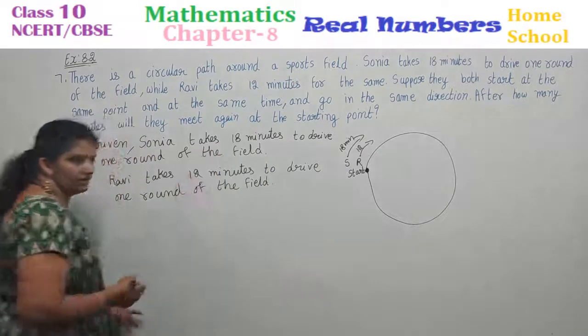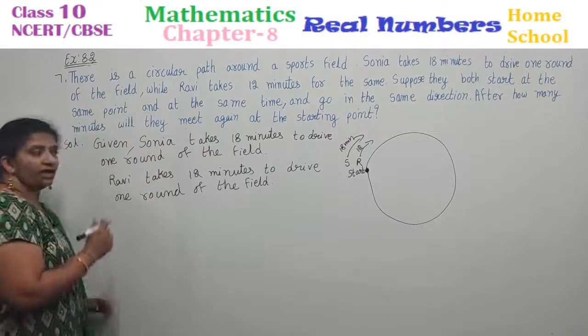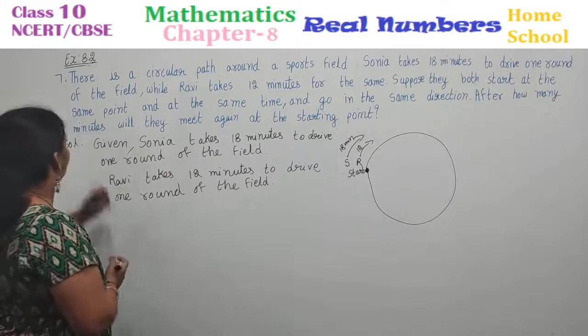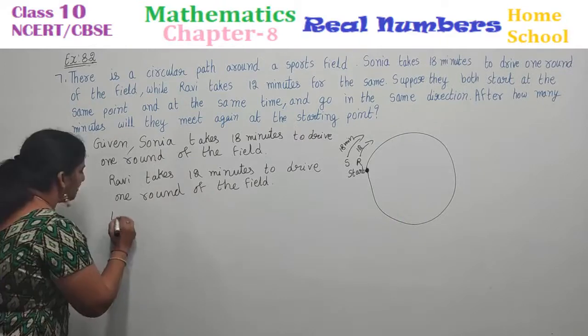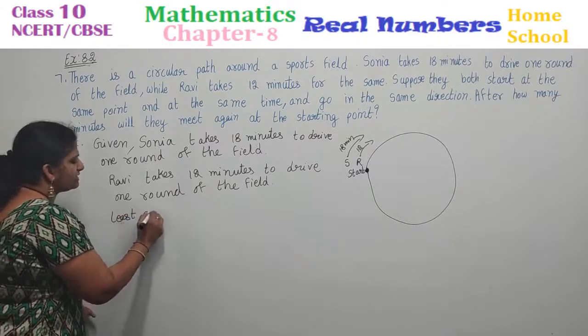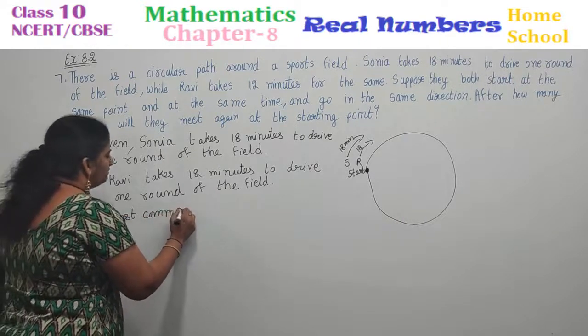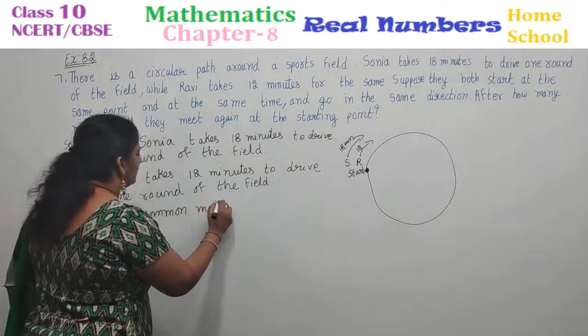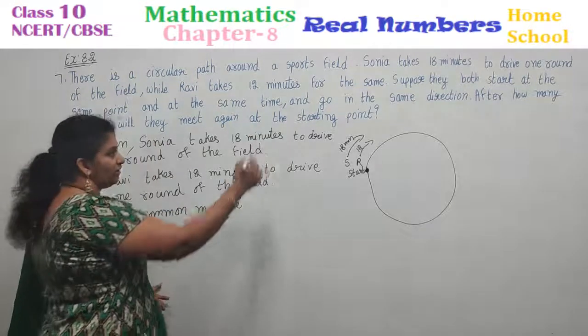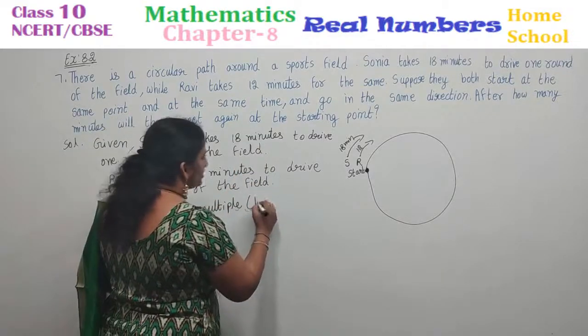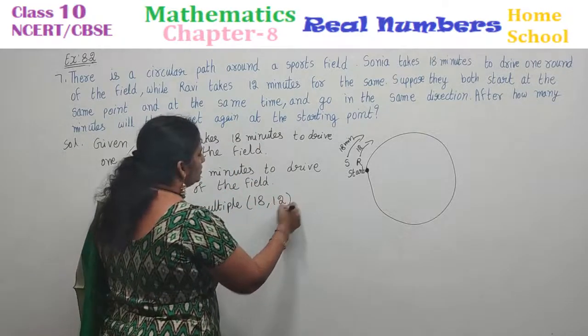You can write anything, right? How can we get the answer? What is the answer? After how many minutes will they meet again at the starting point? We need to find the least common multiple of these two numbers. What is that, children? 18 and 12.